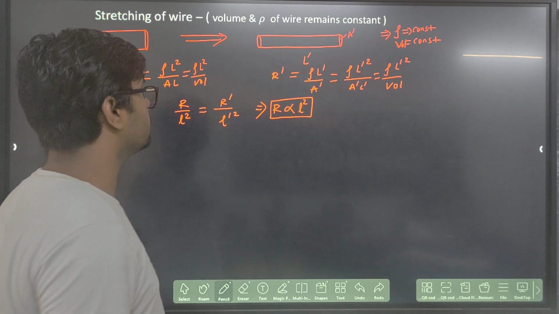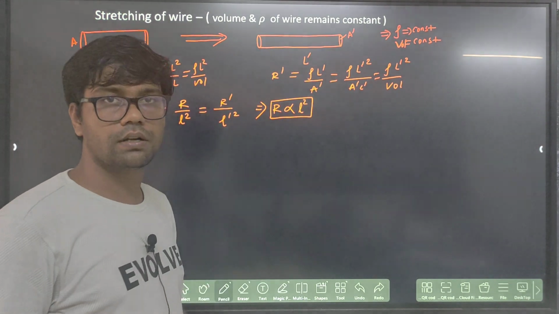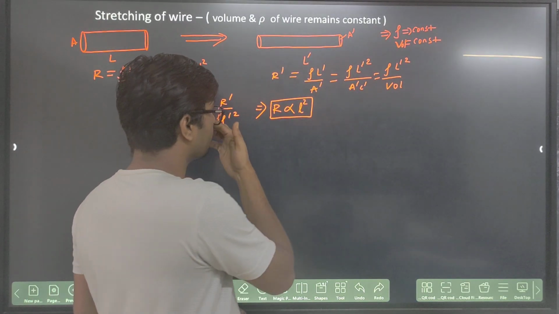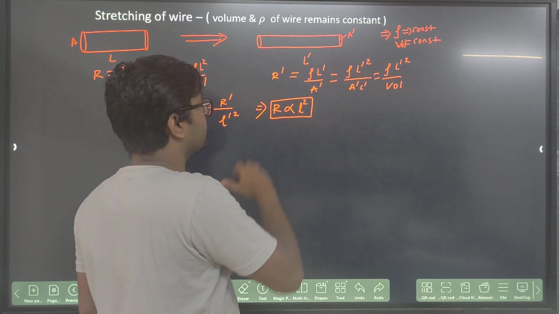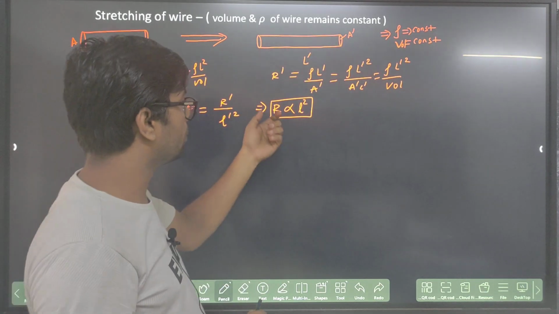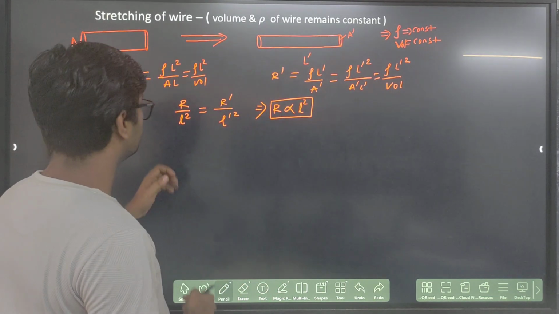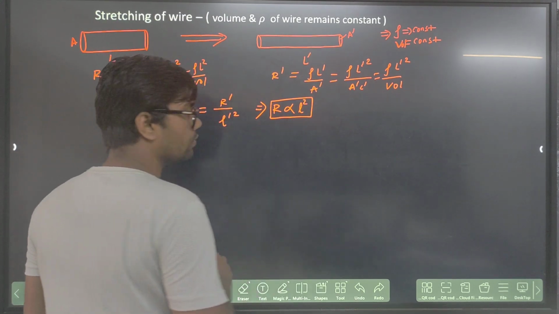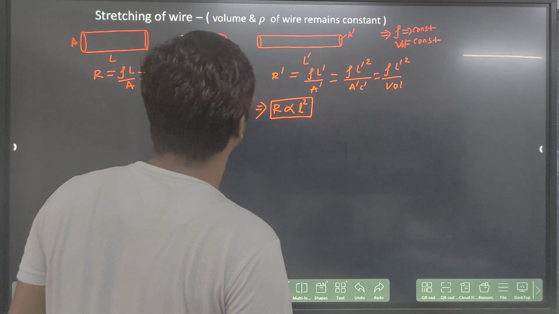Resistance of a wire is directly proportional to length square. That means if you stretch it, the resistance will increase in terms of L square. Correct? We will do some problems, this will be clear. So R is proportional to L square when a stretching case comes.